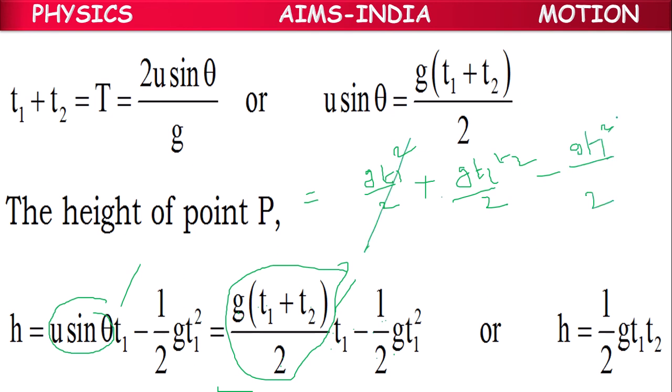The g t1 square by 2 terms cancel, leaving g t1 t2 by 2, or half g t1 t2.